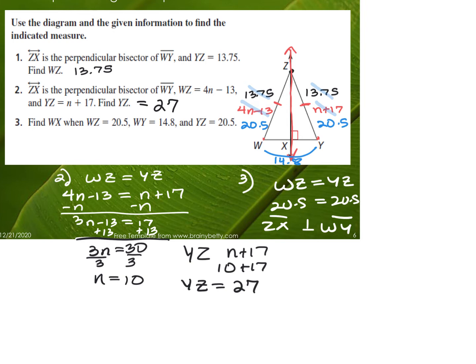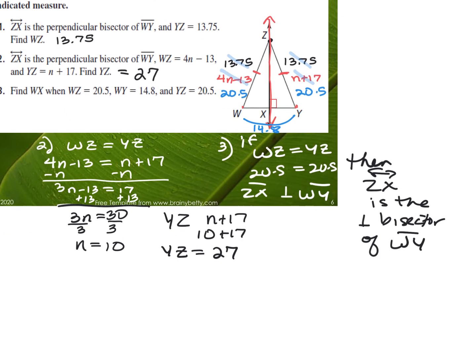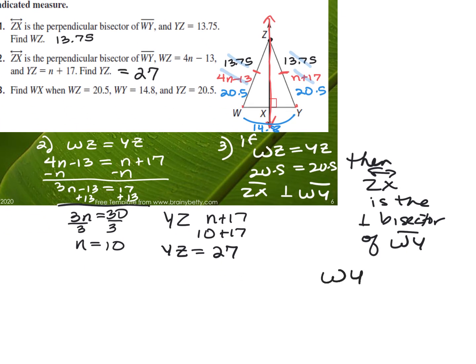So what we're doing here is, if this, then we can conclude that ZX is the perpendicular bisector of WY.